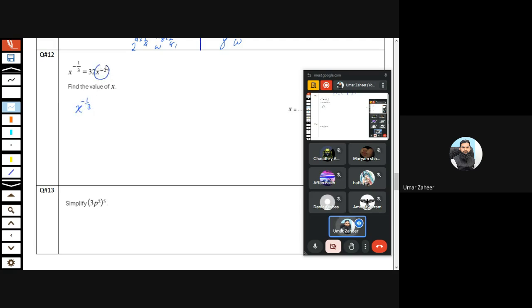This x raised to power minus 2 is multiplying with 32. So here it is multiplying, so on the other side it is going to be divide. If something is multiplying on the one side of the equation, when you are taking it on the other side of the equation, it will be divide.